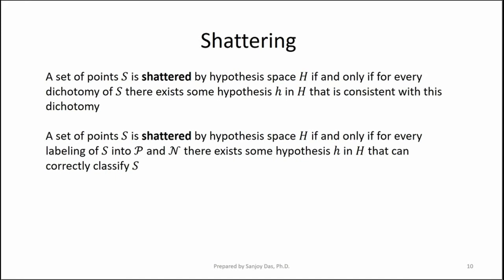A set of points S is shattered by hypothesis space H if and only if for every labeling of S into P and N, that is into positives and negatives, there exists some hypothesis h in the hypothesis space H that can correctly classify S. So we have a set of points S, and we are looking at a hypothesis space.